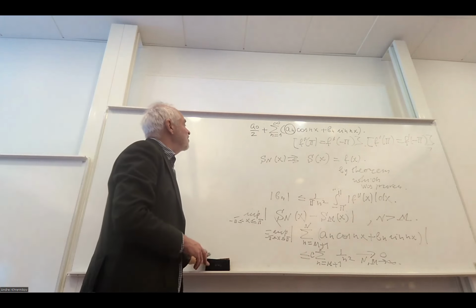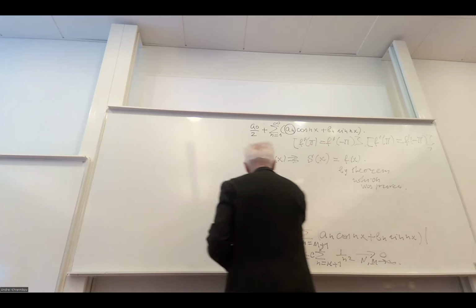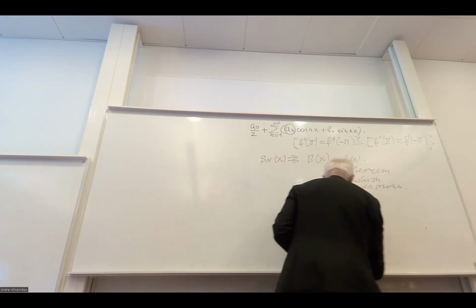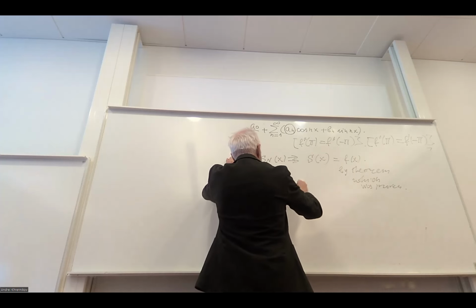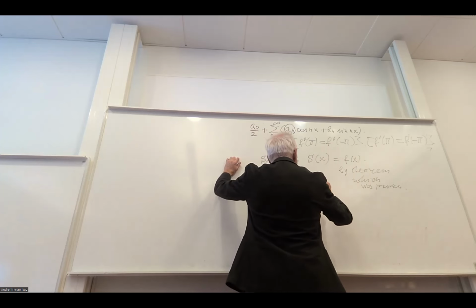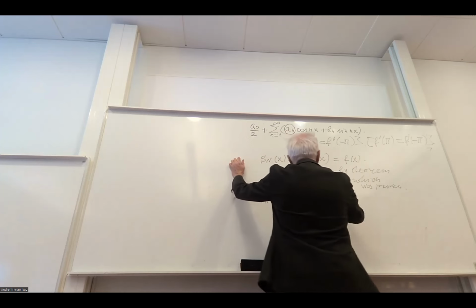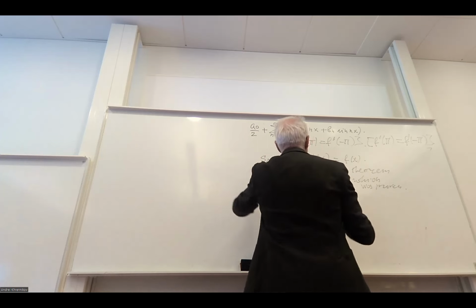Now we can integrate this series. So now the integral of f(x) dx is equal to the sum, a_0 divided by 2 times 2π, plus the integrals of the rest.